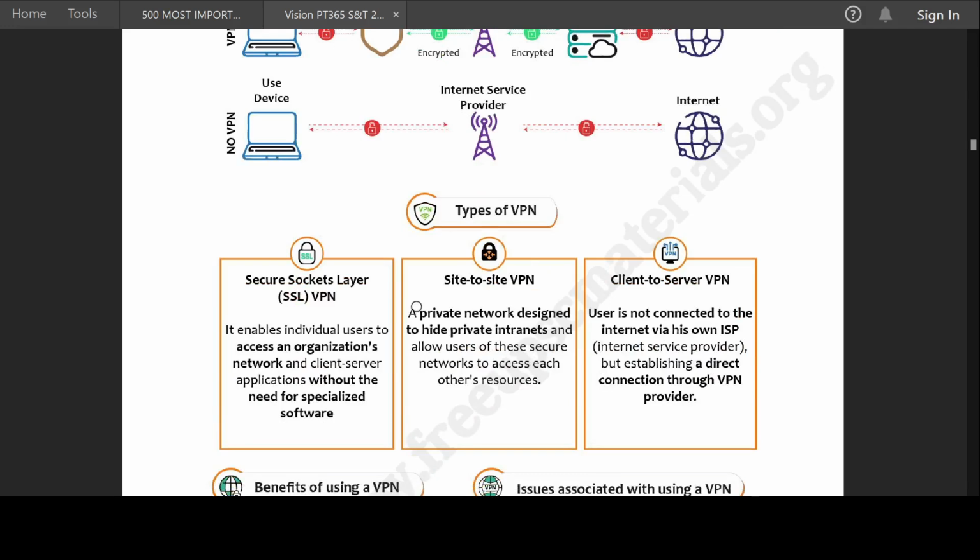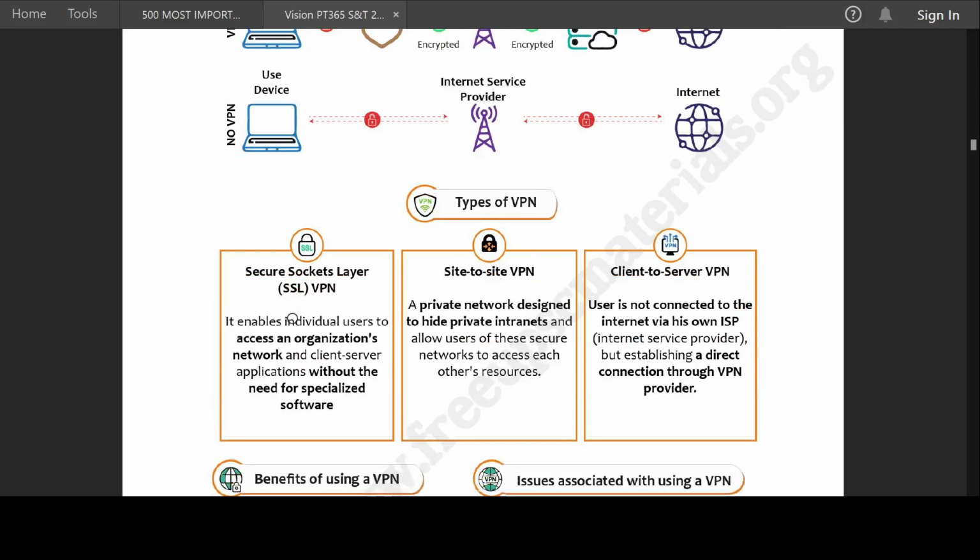Types of VPN: Secure Sockets Layer (SSL) VPN, Site-to-Site VPN, and Client-to-Server VPN. The Secure Sockets Layer (SSL) VPN enables individual users to access an organization's network and client-server applications without the need for specialized software.